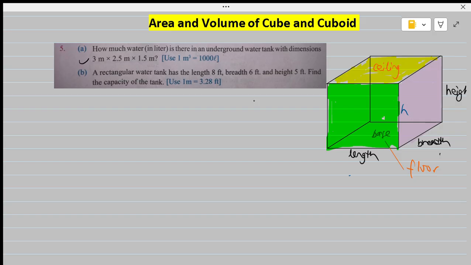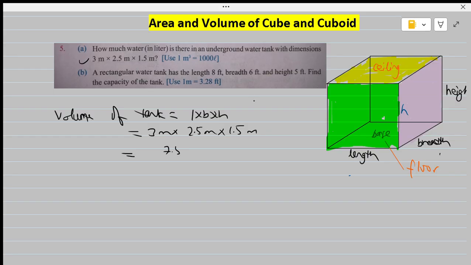Before that we have to find its volume. So let's find the volume of the tank first. Volume of tank, L into B into H we do: 3 meter, 2.5 meter and 1.5 meter. So 2.5 and 3, 7.5 into 1.5, and meter cube will be there.